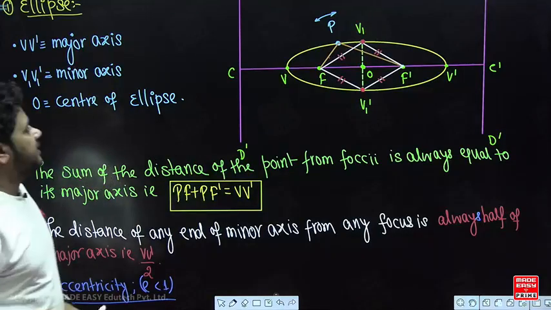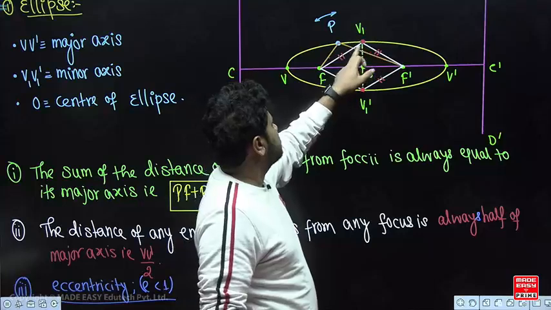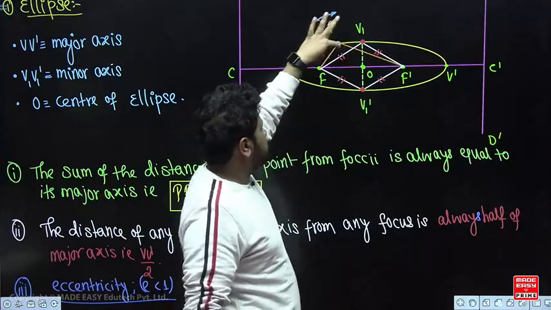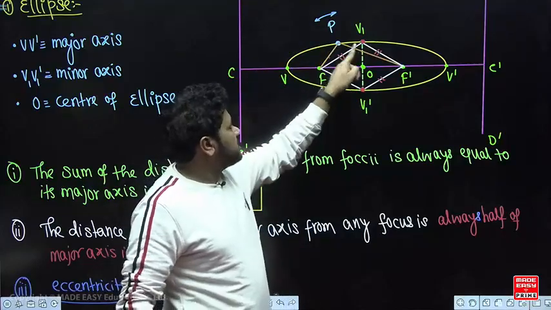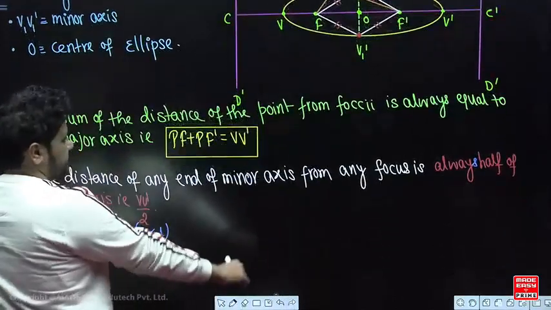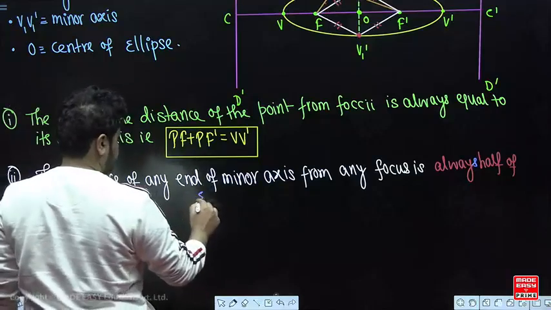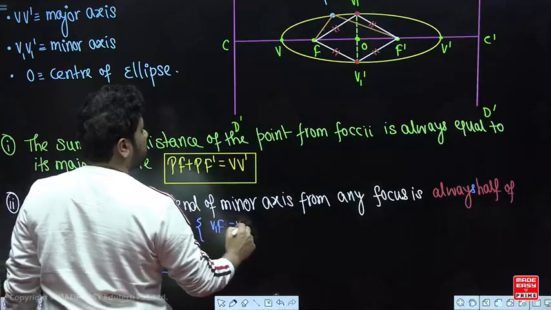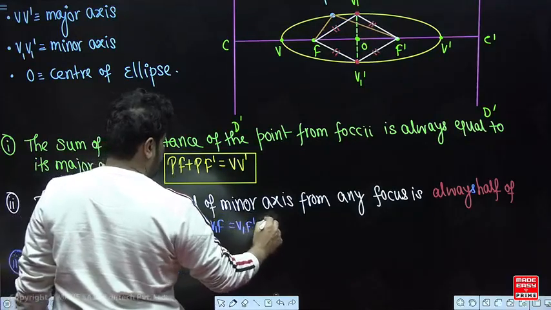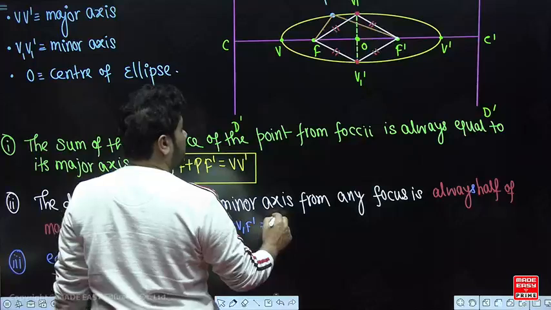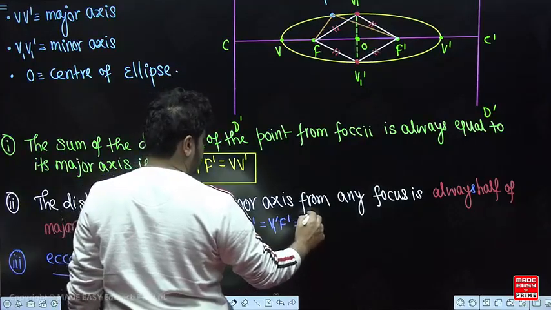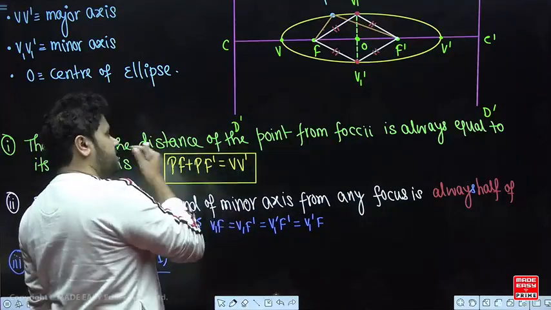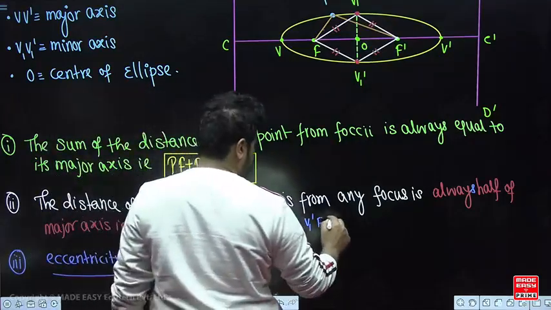Fine. So what I said was the distance of any end of the minor axis. So this V1 is one end of the minor axis, V1 dash is the other end. So how much is this distance? So you know that V1F plus V1F dash, right? See the figure very carefully: V1F will be equal to V1F dash, which will be equal to V1 dash F dash, which is equal to V1 dash F, correct. So all will be equal, correct. Now I am asking what this distance is, right?